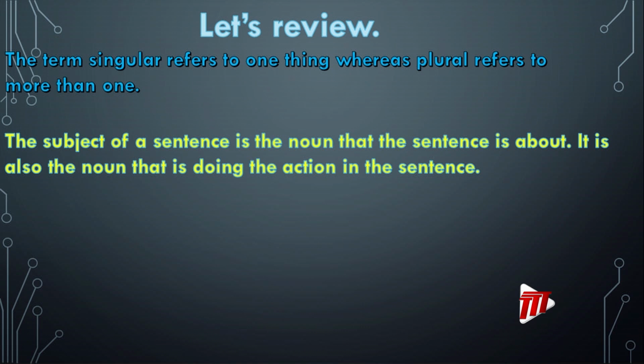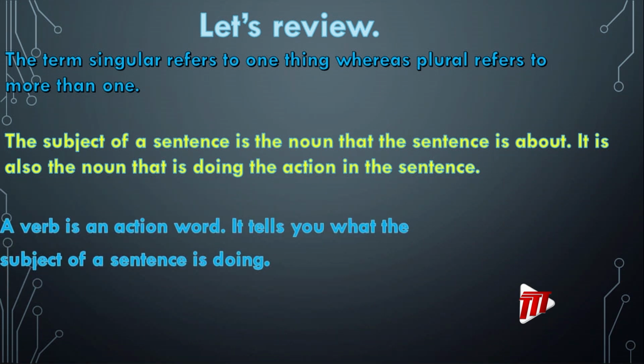It is also the noun that is doing the action in the sentence. So who or whatever the sentence is telling you about mainly, that is the subject of that sentence. And another hint about it is it's the one in the sentence doing the action. Good? So if you have somebody kicking a ball, whoever is kicking the ball, that's probably the subject of that sentence.